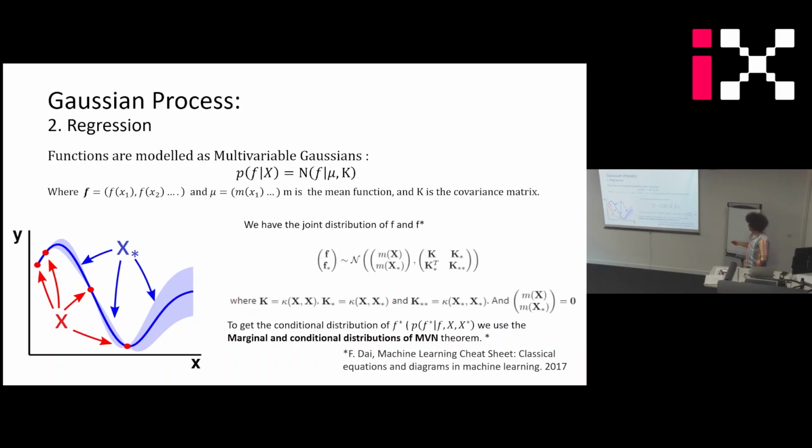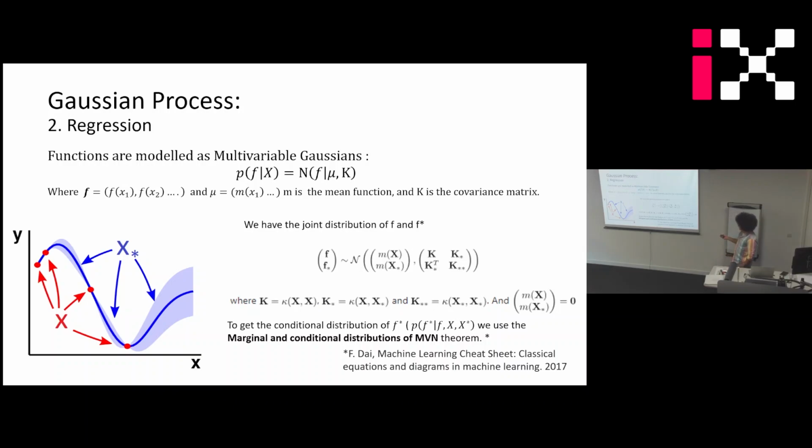We usually just use a mean of 0 to simplify things. And what we actually want is to go from this distribution to a distribution of f star knowing the values of f in x, and x star.